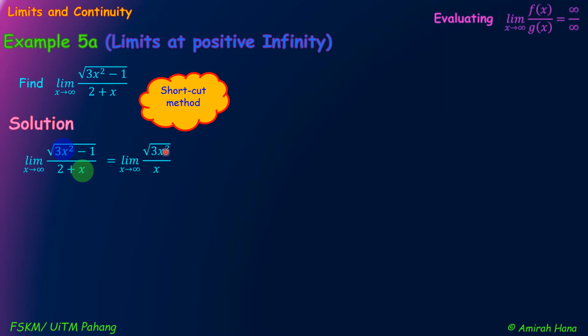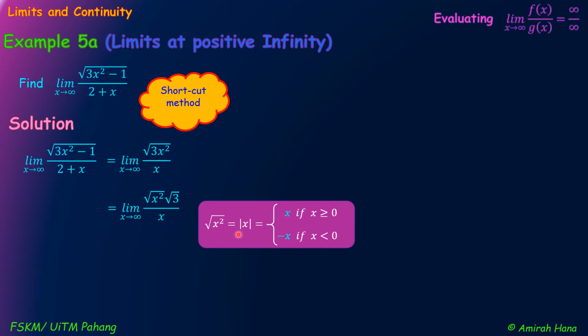From here we can separate the radical if in between is a multiplication operation. From the properties of radical, we can write the limit of square root of x squared times square root of 3, over x.